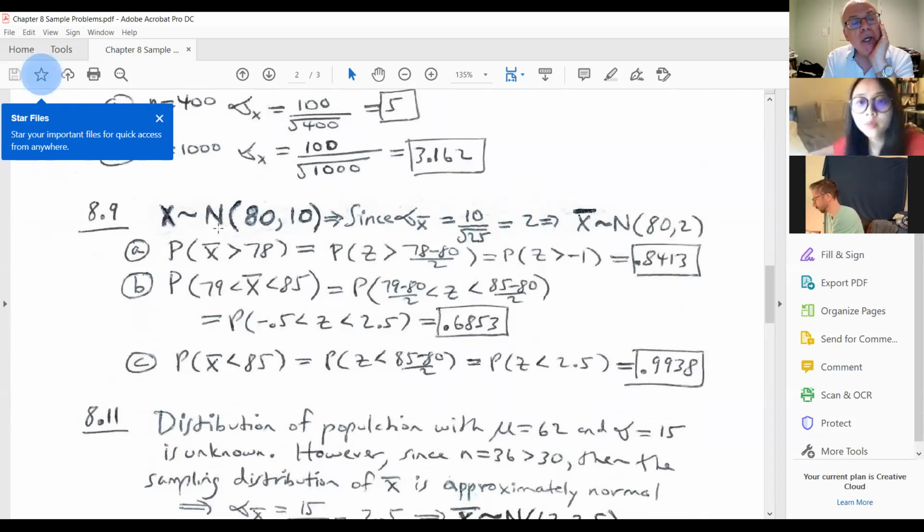Remember the symbols that we use for describing a normal: X, the random variable, tilde, which means distributed as, N for normal, and in parentheses my mean is 80, standard deviation 10. That's for the population. Since sigma x bar, the standard error, is equal to 10 divided by the square root of 25, which is 2, right? 10 divided by 5 is 2. I said x bar is normally distributed with a mean of 80 and a standard deviation of 2.